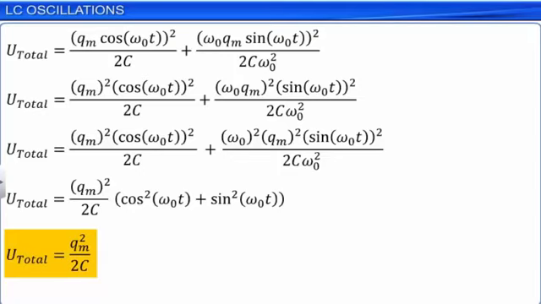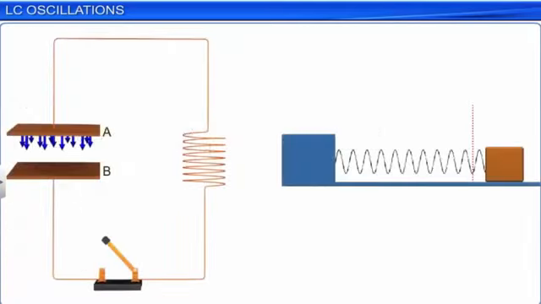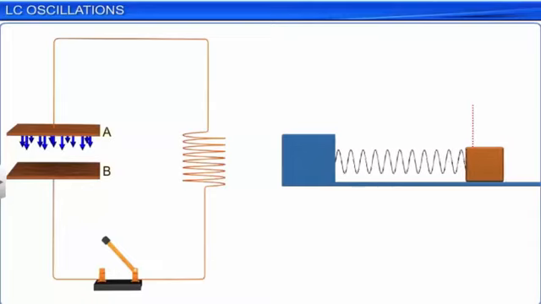We also observe that LC oscillations are very similar to the mechanical oscillations of a body in simple harmonic motion. In the case of a spring, when the spring is initially in an elongated position, all the energy of the system is in the form of potential energy. When the spring is released and it reaches the mean position, this potential energy in the system is converted completely into kinetic energy.